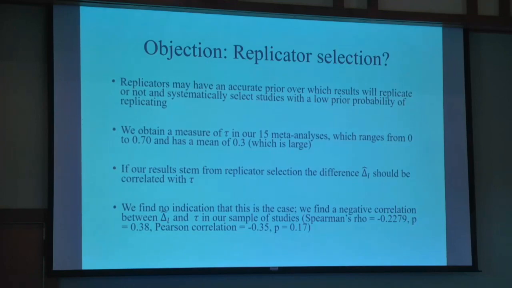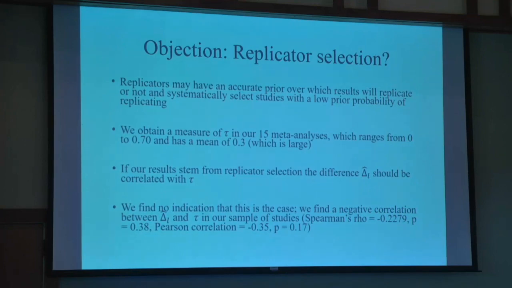And it could be that replicators systematically pick out designs for replication that they know or suspect are less likely to replicate. That could potentially account for our findings, this kind of replicator selection or a kind of null hacking in a sense.